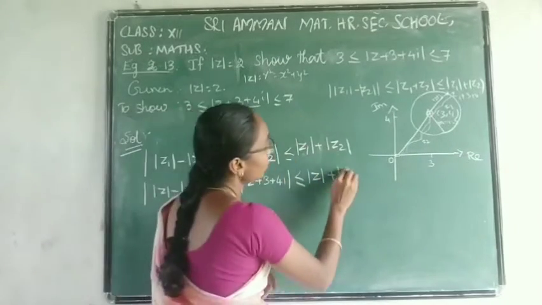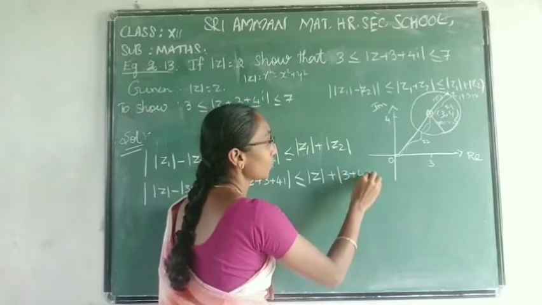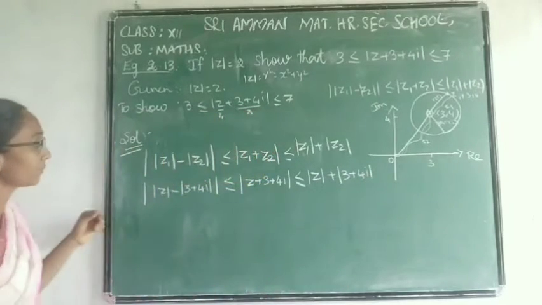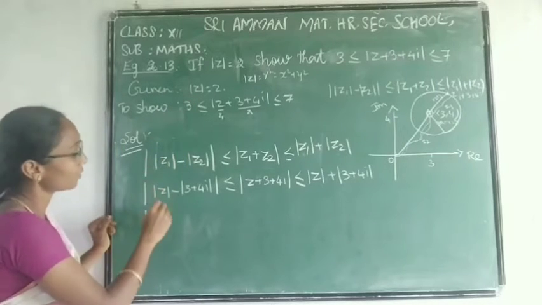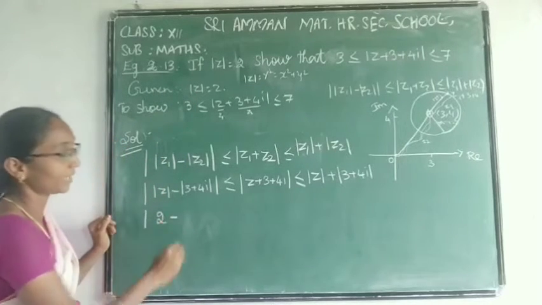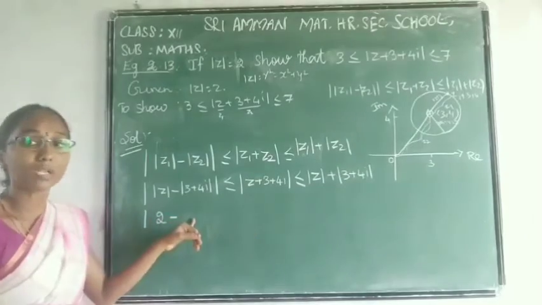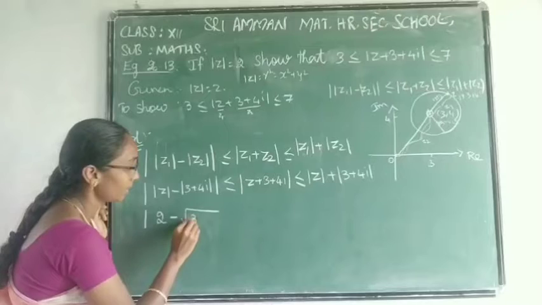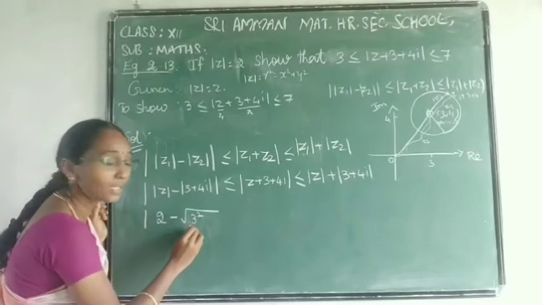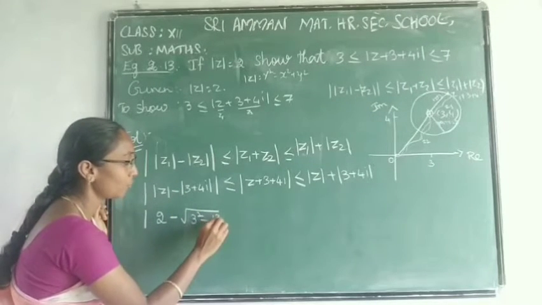What is this z2 value? Modulus of 3 plus 4i. Already given, the value of modulus of z equal to 2, minus modulus of 3 plus 4i. What is this? Root of 3 squared, real part squared, plus imaginary part squared, 4 squared.